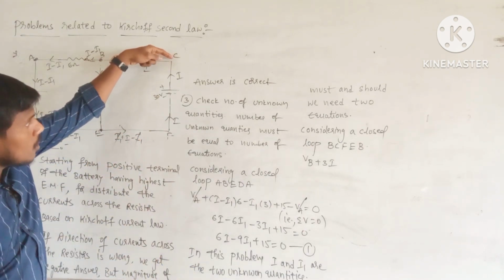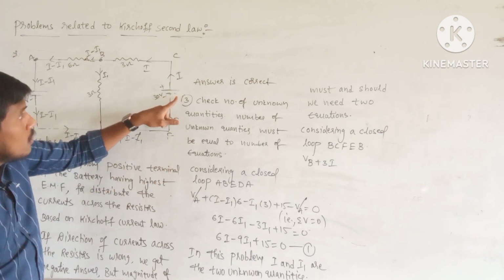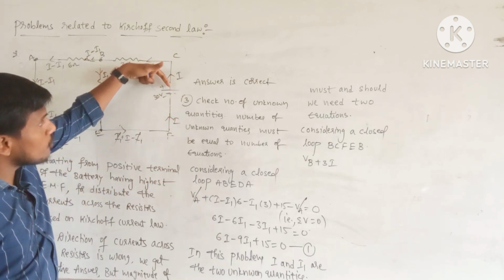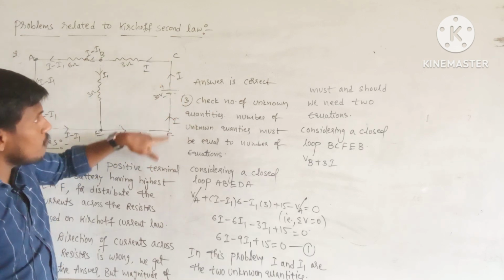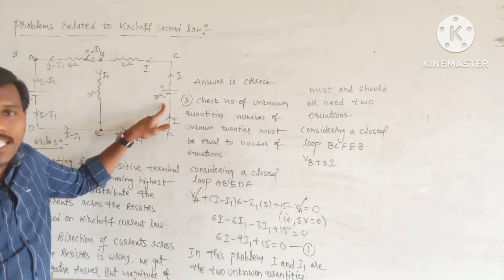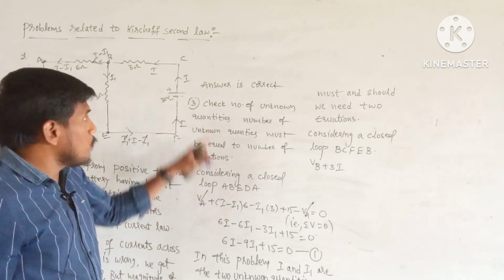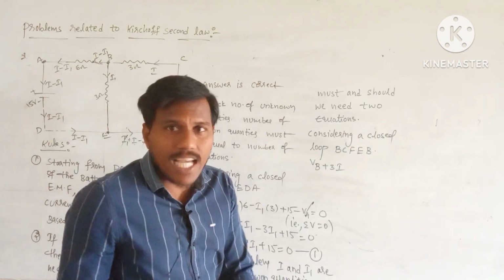Now I am following the path CF. In the path CF, across the cell, we move from positive terminal to negative terminal. So the potential difference across the cell can be taken as negative according to sign convention.